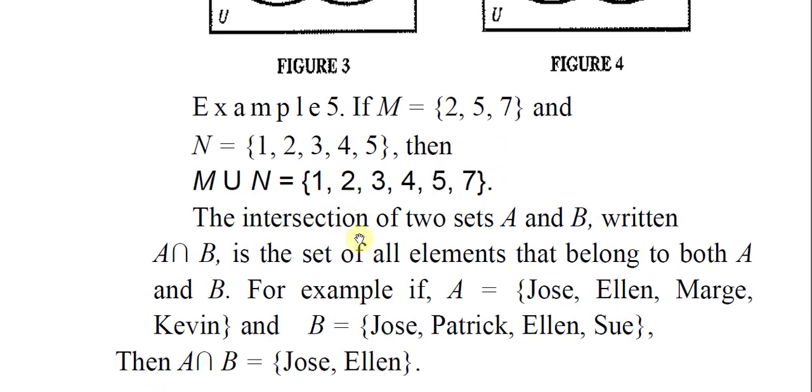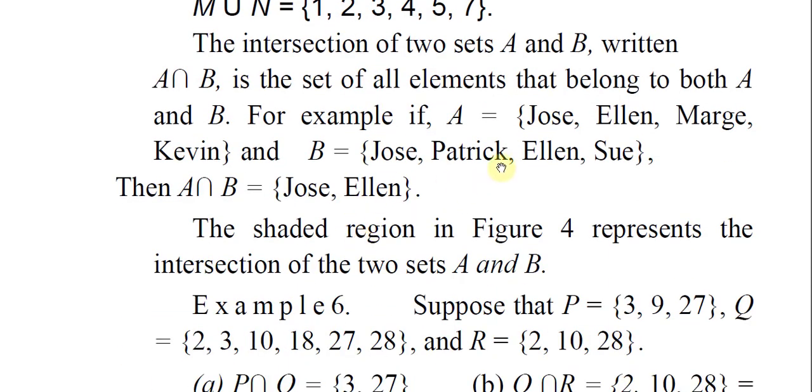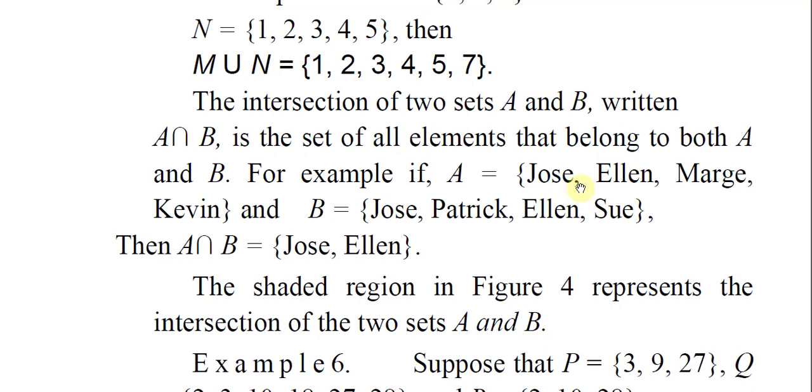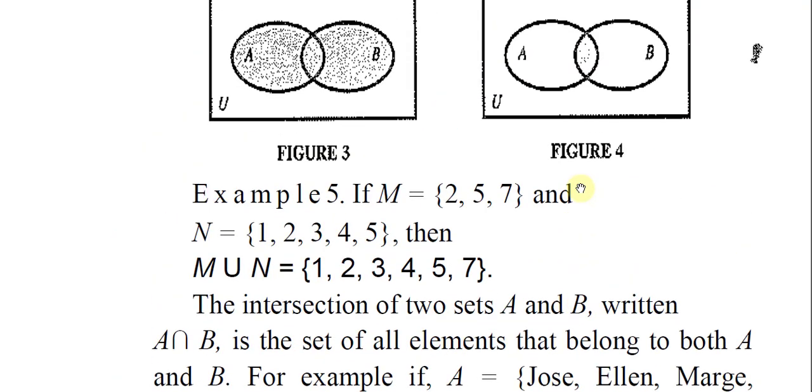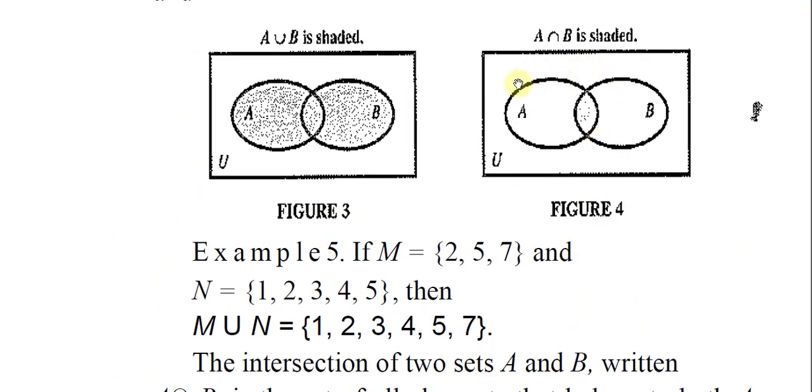The intersection of two sets A and B, written as A with this symbol, means intersection. A intersection B is the set of all elements that belong to both A and B. And the region will be drawn in this figure. It's shown.